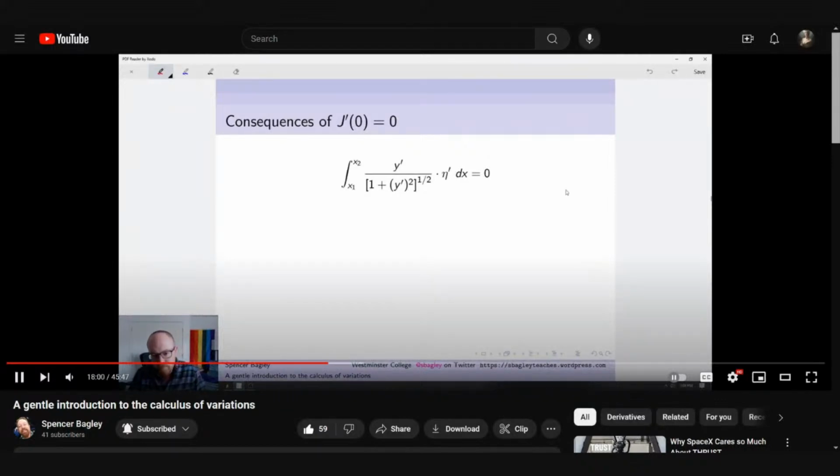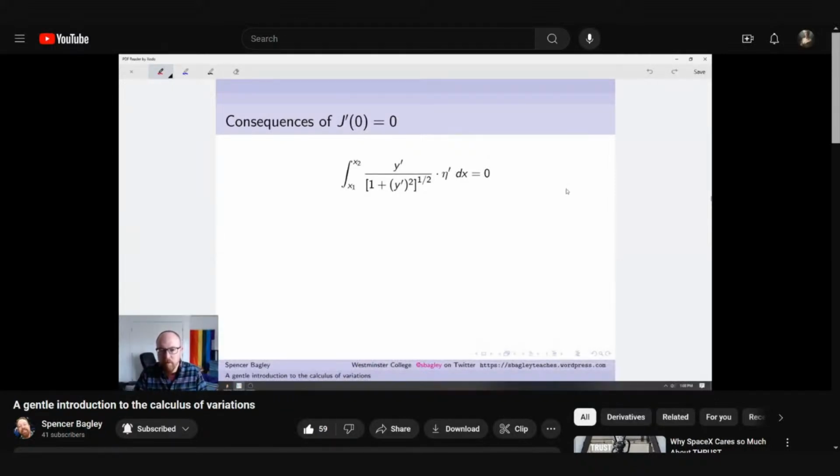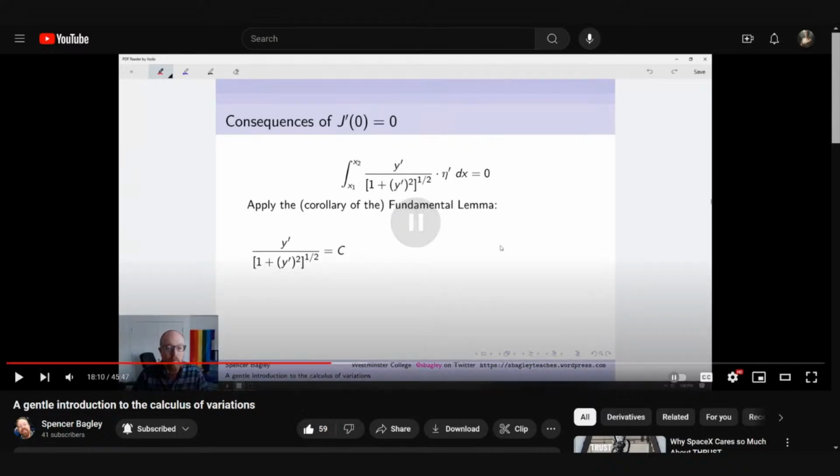And so that means by the corollary of the fundamental lemma, this thing that's integrating against eta prime, the integrand without the eta, must be a constant. Yes, that's the big M. The big M must be a constant. Okay, we proved that.